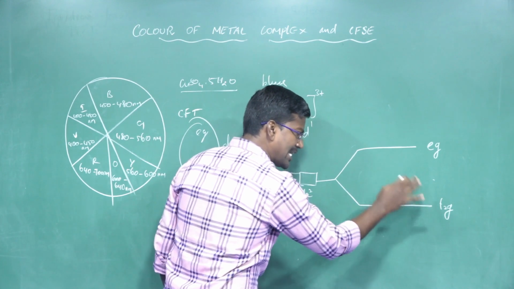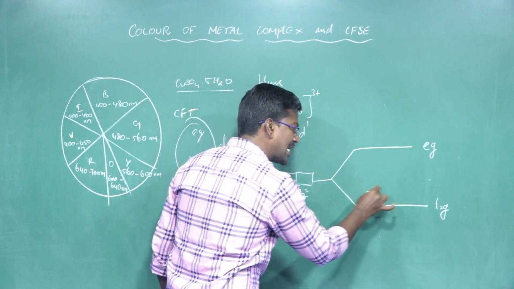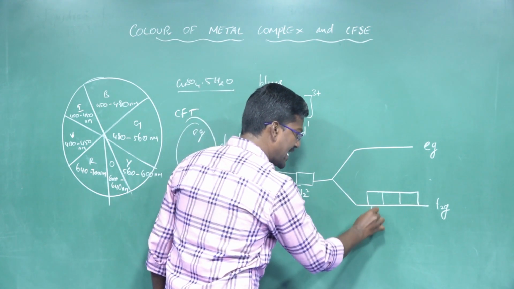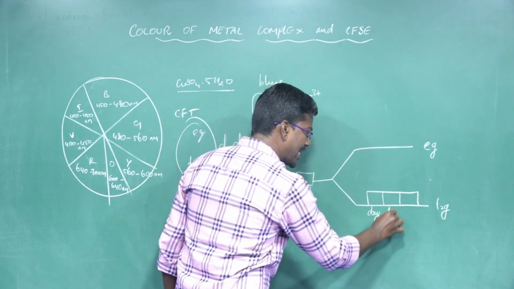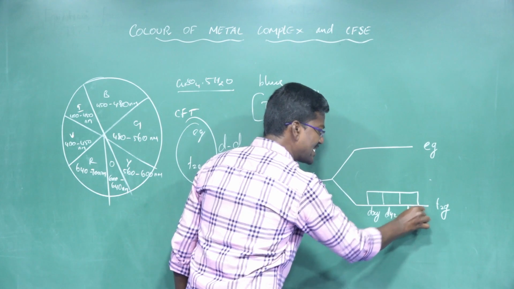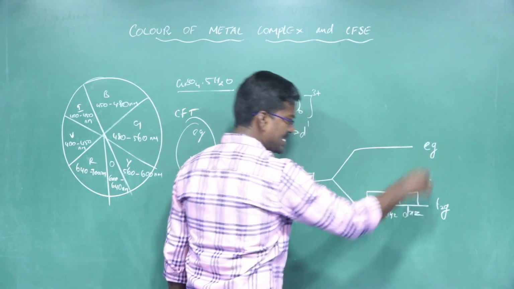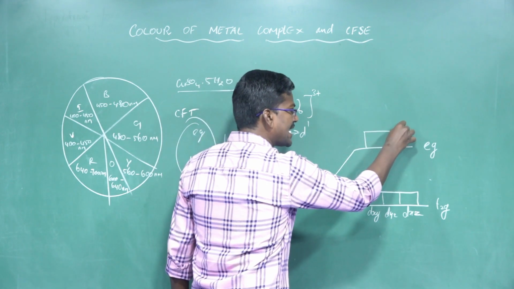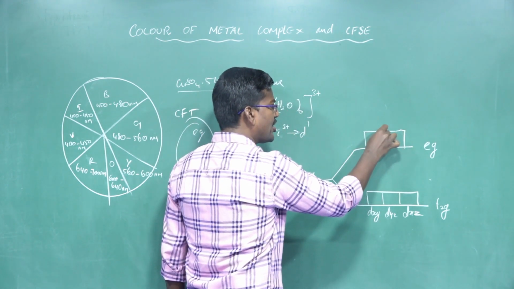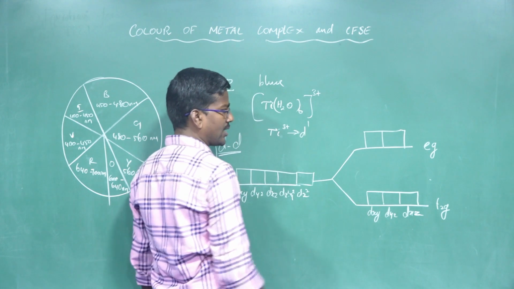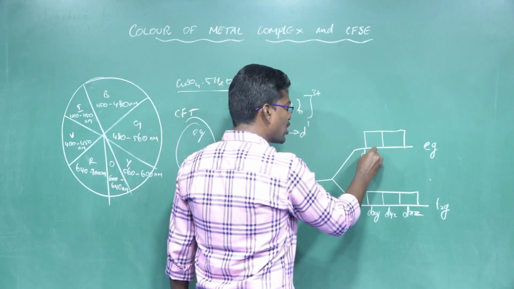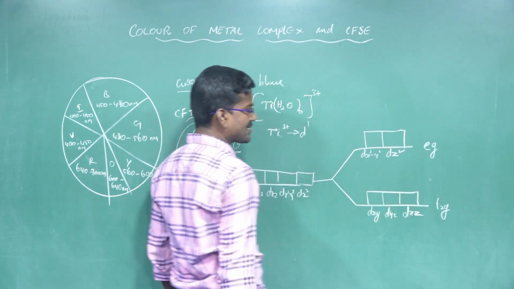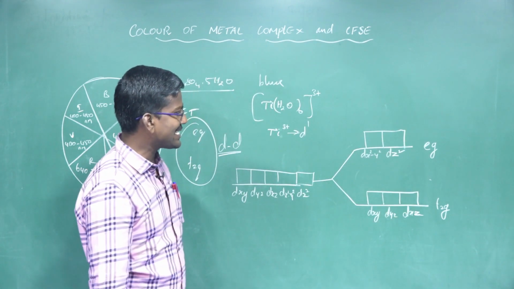The t2g level contains 3 orbitals: dxy, dyz, dxz. The eg level has 2 orbitals: dx squared minus y squared and dz squared.